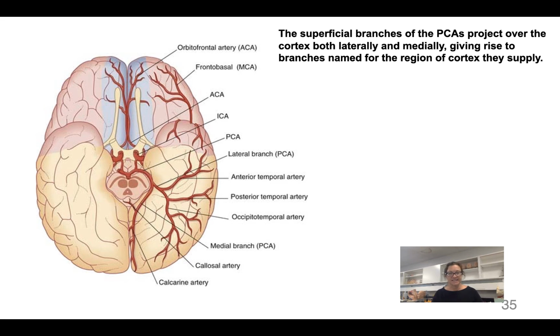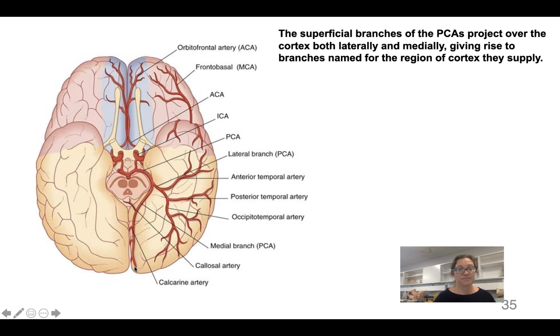The PCAs, or the posterior cerebral arteries, project over the cortex laterally and medially to supply most of the posterior part of the cortex. And they have named branches, for example, the posterior temporal artery, the occipito-temporal artery, and the calcarine artery.